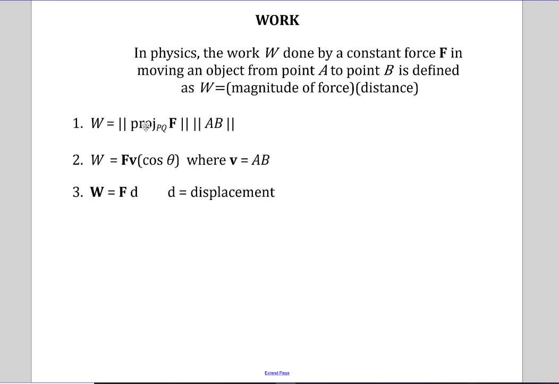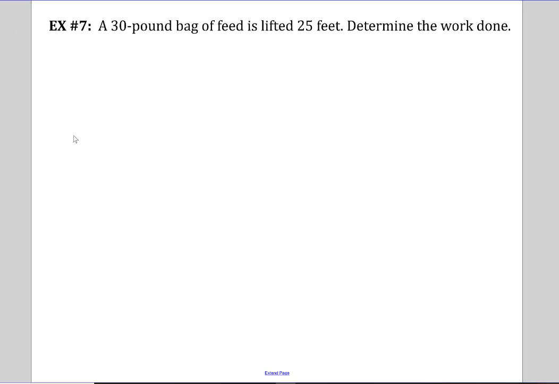And you can find work either by the projection of F onto PQ times the magnitude of the vector, or the force times the vector times the cosine of the angle, or force times displacement. So the first one is that simplest formula. Work is the force times the displacement.